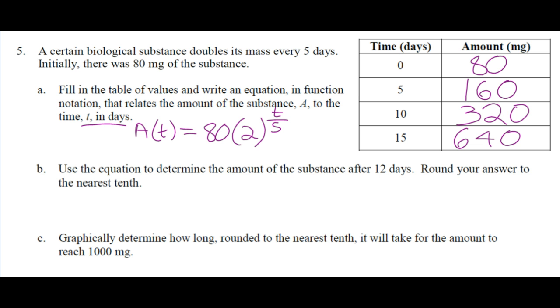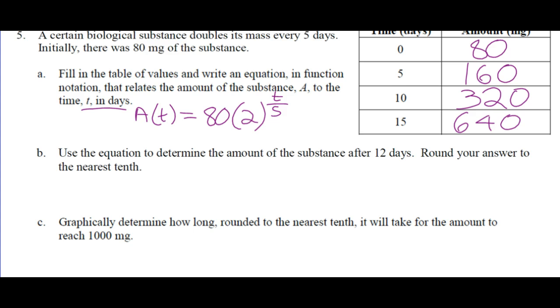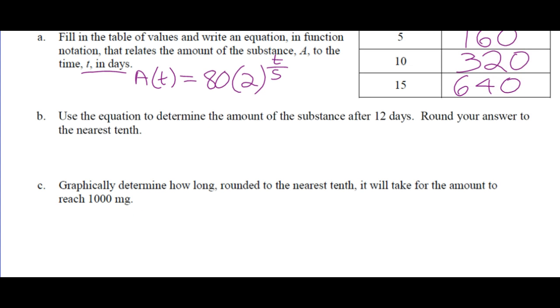Okay. Use the equation to determine the amount of the substance after 12 days. Round your answer to the nearest 10. Okay, so what are we going to do to get the amount after 12 days? Put in 12 for t, right? So we want A of 12. So A of 12 is equal to 80 times 2 to the 12 over 5. Okay? So show that work, and then after that, I think you can probably pretty much just punch it into the calculator.